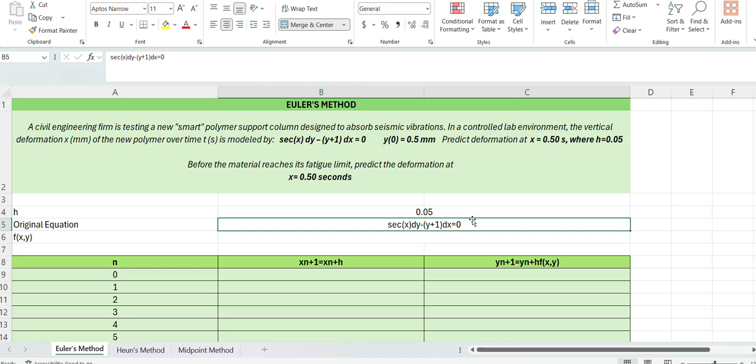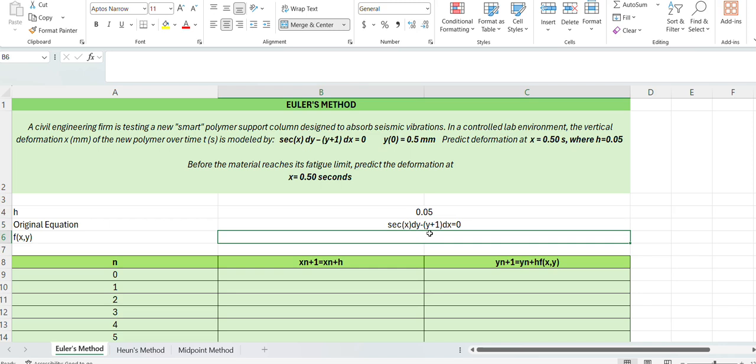And if we divide both sides by dx and secant x, we can establish the new function and separate dy over dx from the function itself, and we will establish (y plus 1) over secant x.